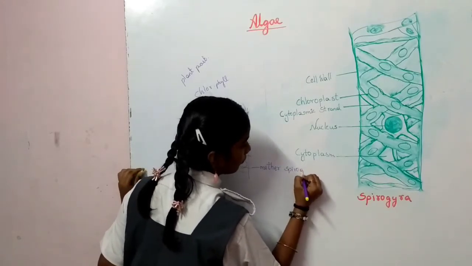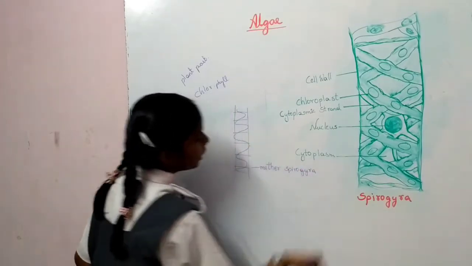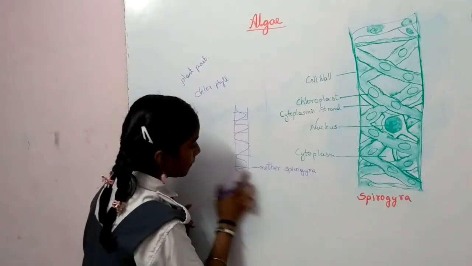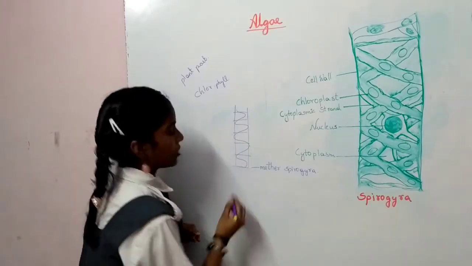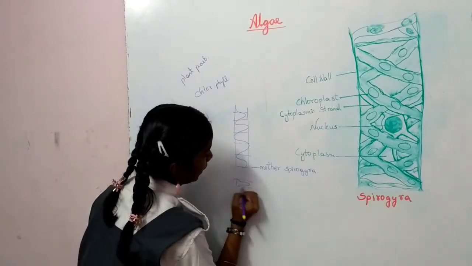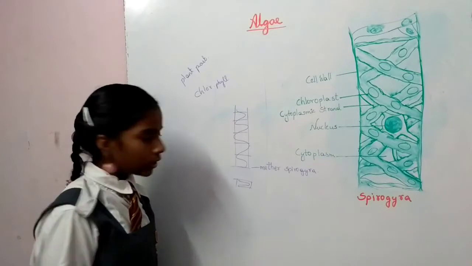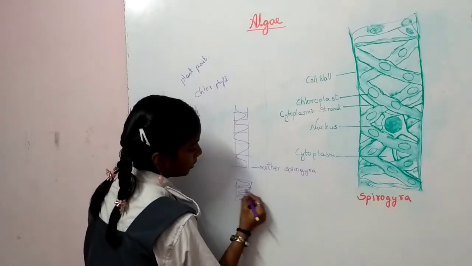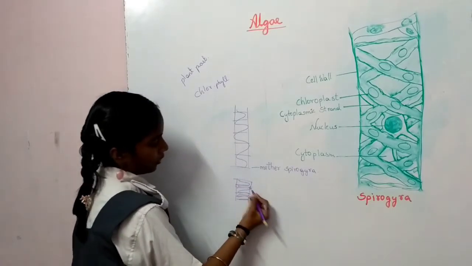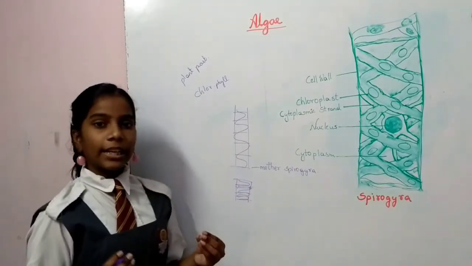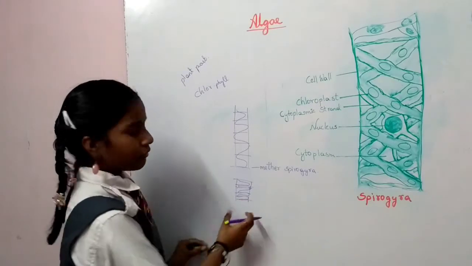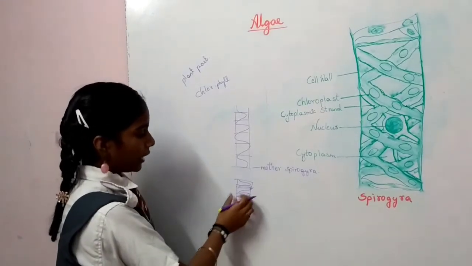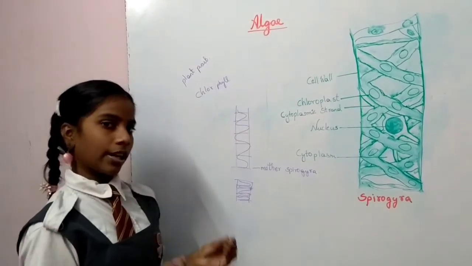Now, if one spirogyra gets detached from this mother spirogyra, it can lead its own life and create its daughter spirogyras using the chlorophyll. It can live an independent life with the chlorophyll, and it can create its own daughter spirogyras.